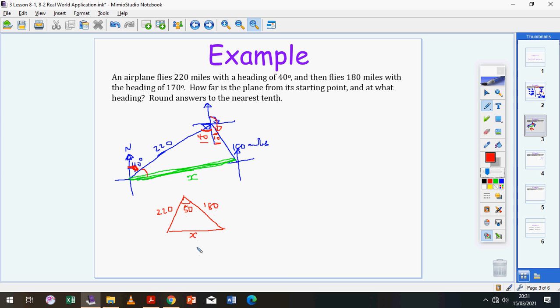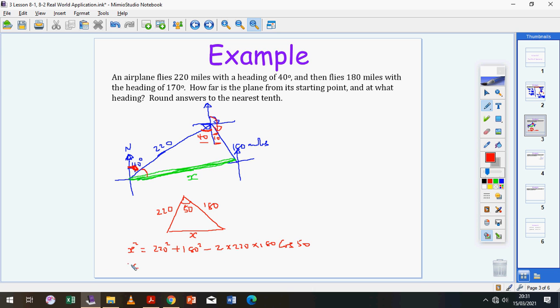So that triangle is set up for me to use the cosine law. Hope you can see that. The cosine law says that x squared will be equal to 220 squared plus 180 squared minus 2 times 220 times 180 cosine 50.